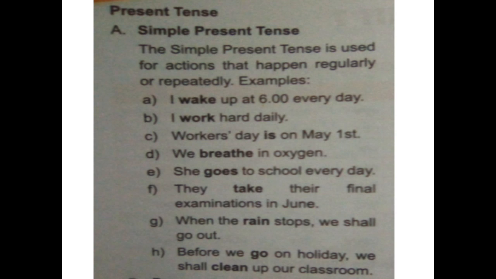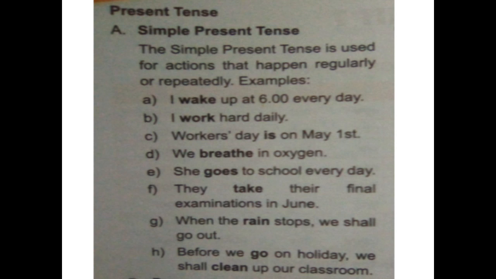When an action is carried out regularly or repeatedly, that means it is habitual, it is done all the time, and that action is classified under the simple present tense. Examples are given here. I work hard daily. I wake up at 6 o'clock every day, 6 a.m. anyway. I wake up at 6 a.m. every day. Workers' Day is on May 1st.